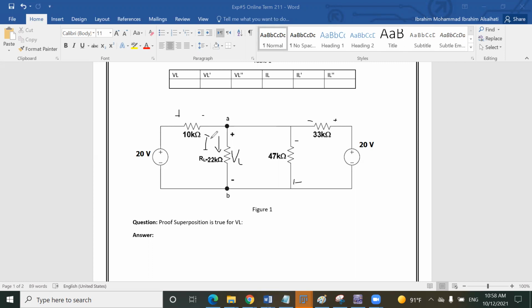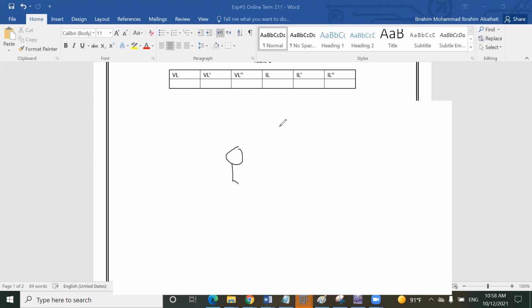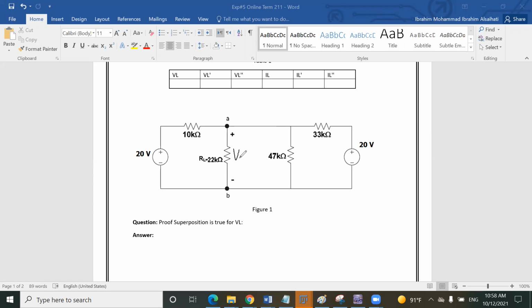But usually they find it on the load, because this is what concerns me, and I want to know the value of this voltage, for example, in order not to exceed the power rating of that resistor. All right. So what I'm going to do is first to measure this voltage. Here he is also asking for the current at the same time, so I have to find the current at the same time. So what I need to do is to find this voltage and this current, and we have done this before.